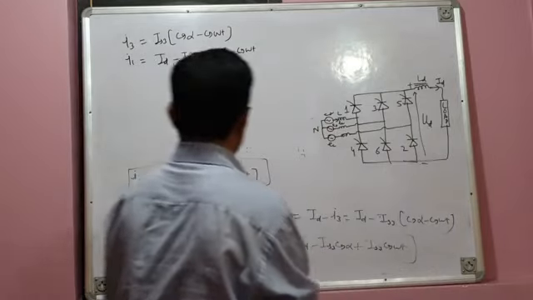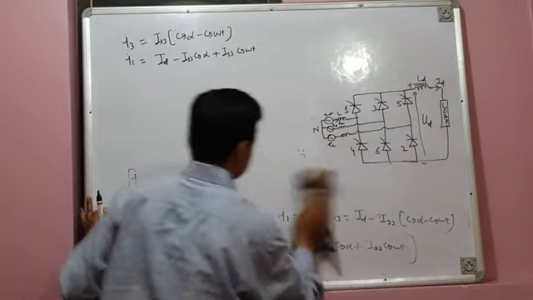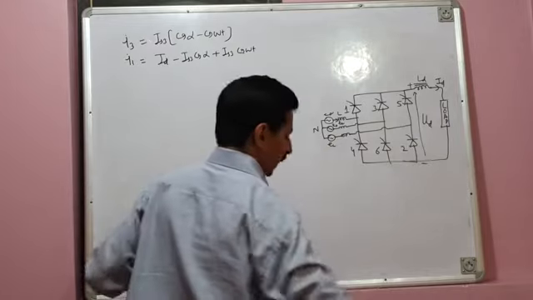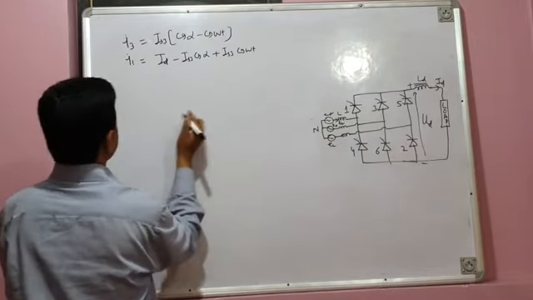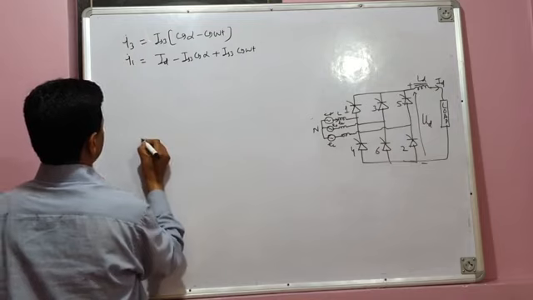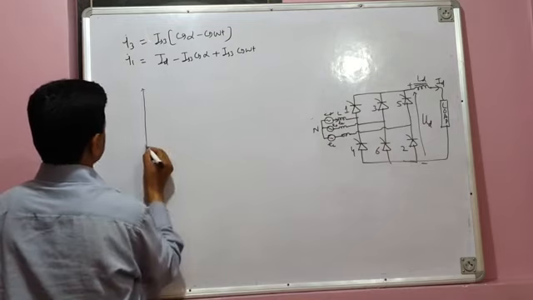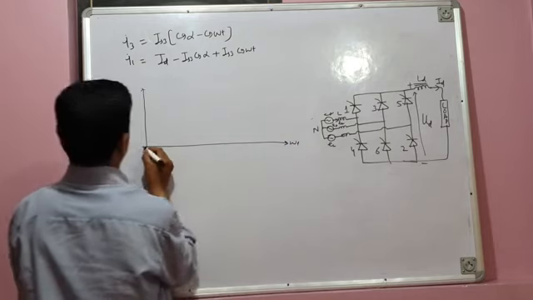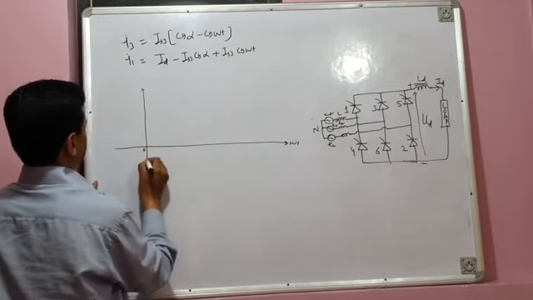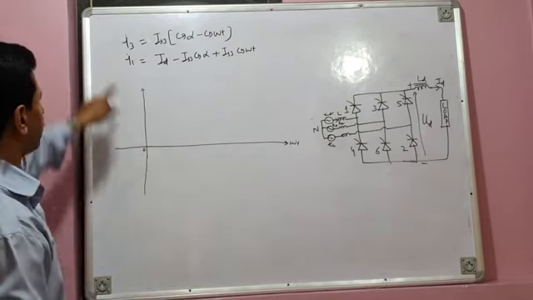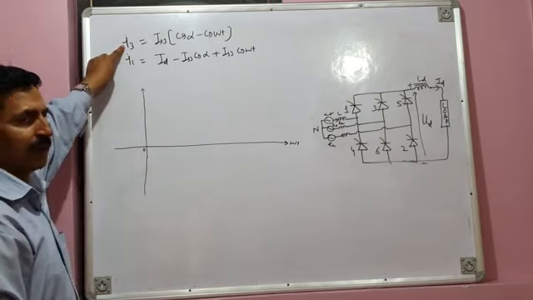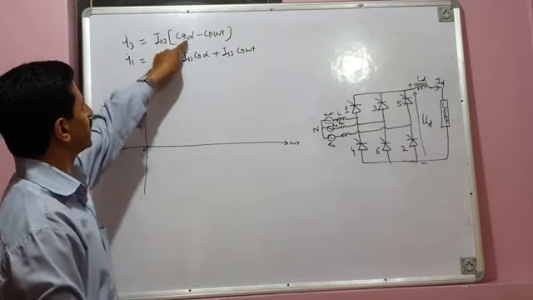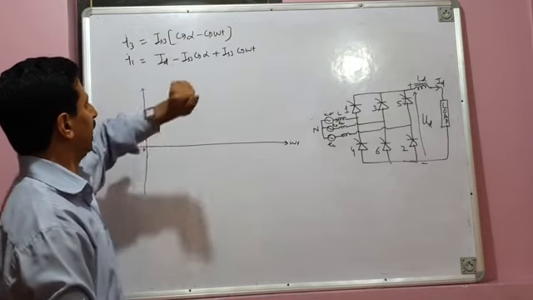We can now plot these currents. So when you start plotting these currents, this is your omega t axis, 0. Now let me plot the current through valve 3 first, that is I3. Now this I3 is IS3 times cos alpha minus cos omega t.